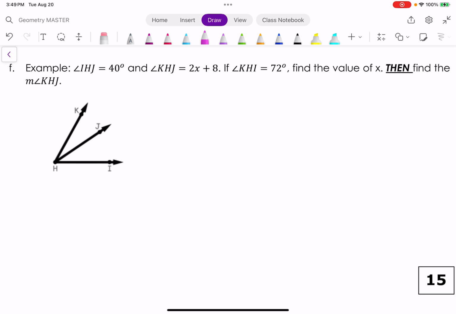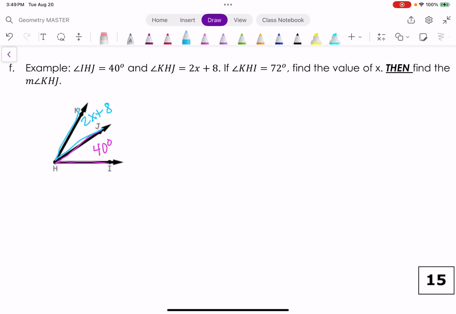Angle IHJ equals 40 degrees. Okay? And then angle KHJ equals 2x plus 8.